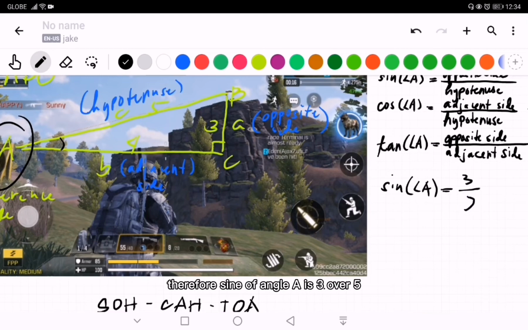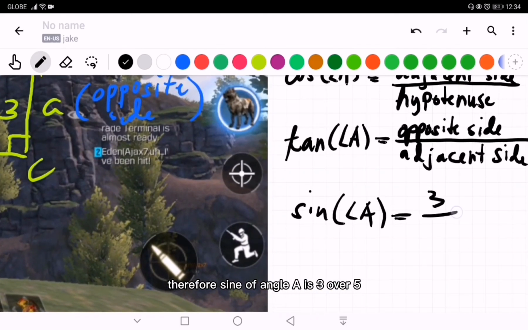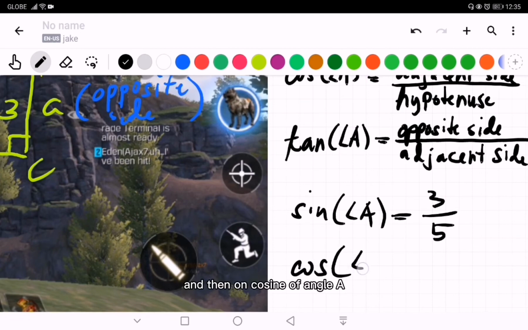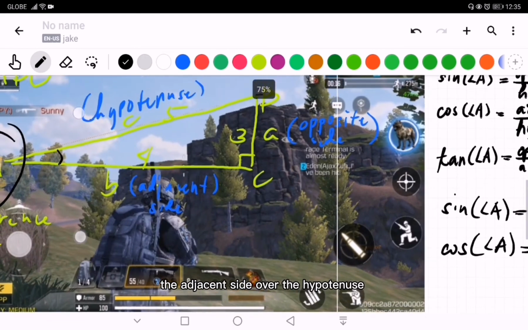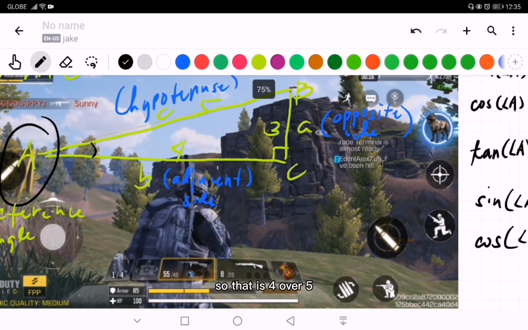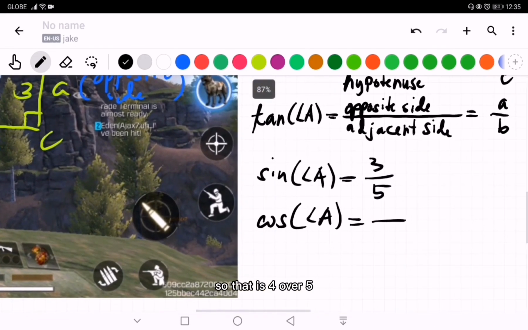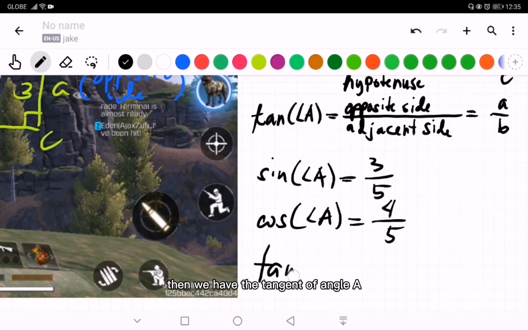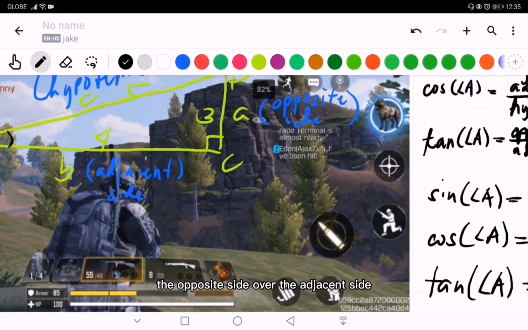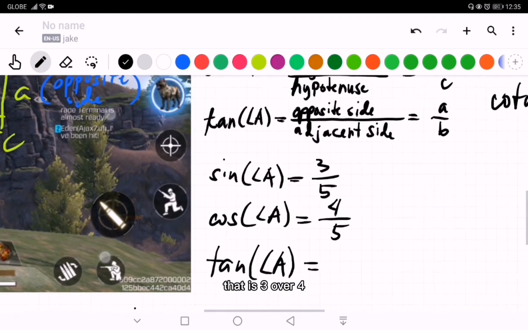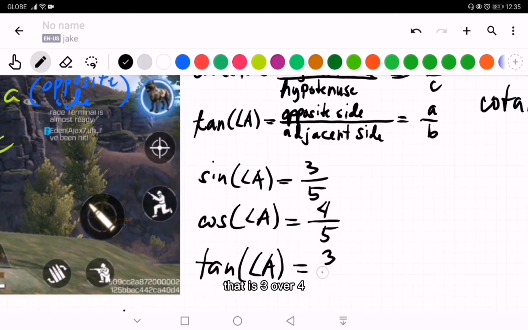Therefore, sine of angle A is 3 over 5. And then on cosine of angle A, we have the adjacent side over the hypotenuse, so that is 4 over 5. Then we have the tangent of angle A. Still, we have the opposite side over the adjacent side, so that is 3 over 4.